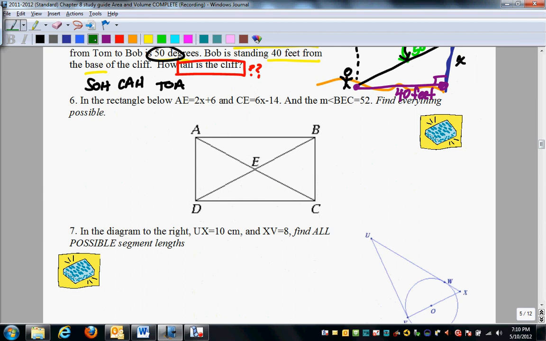It says in the rectangle below, AE is 2x plus 6, CE is 6x minus 14, and the measure of angle BEC is 52. Find everything possible. This one, it's just important to label everything properly. AE is here, and CE is here, and BEC is right there.